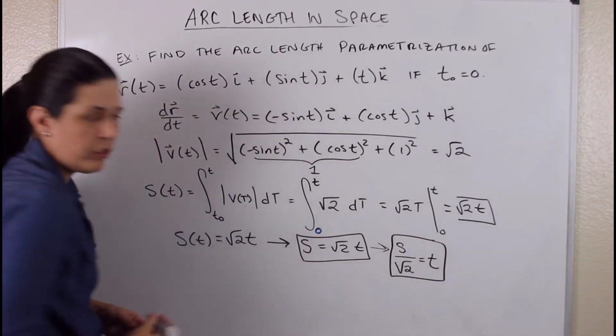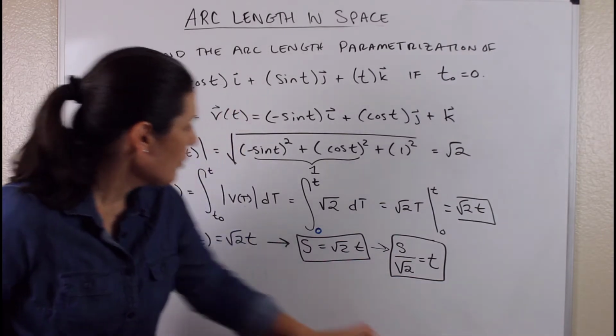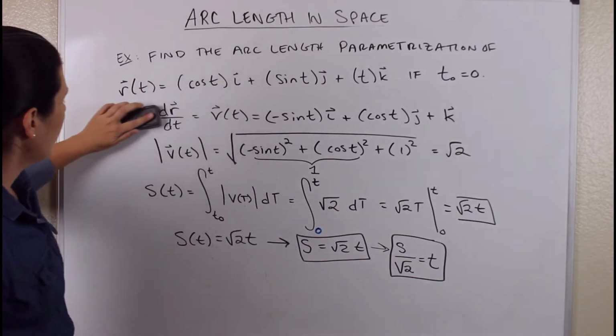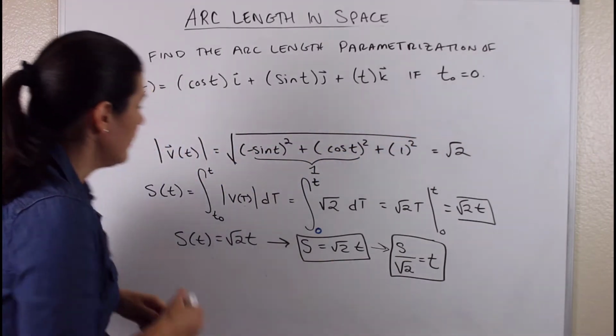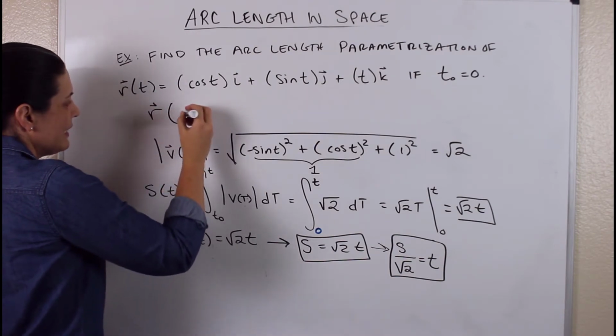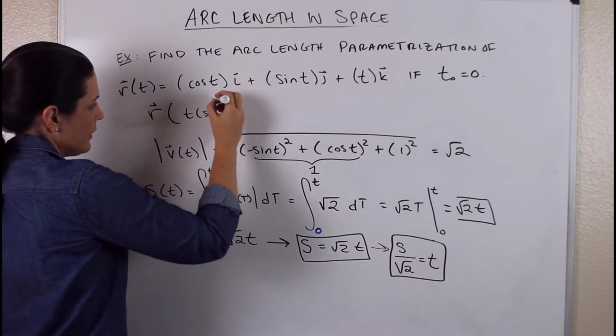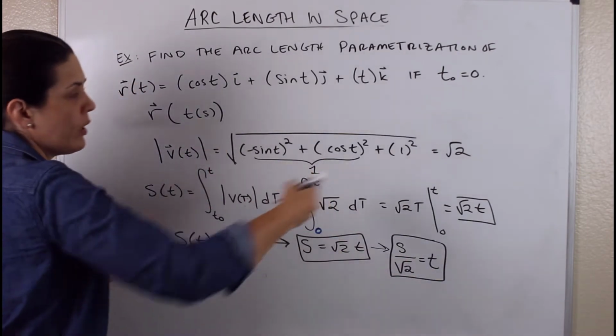And you can rationalize that denominator if you want. I'm going to go ahead and just leave it like that. And so my arc length parameterization for this curve, I'm just going to rewrite it right below, is the following. So now it's officially r of t of s, because t is now a function of s based on how we rewrote it there.